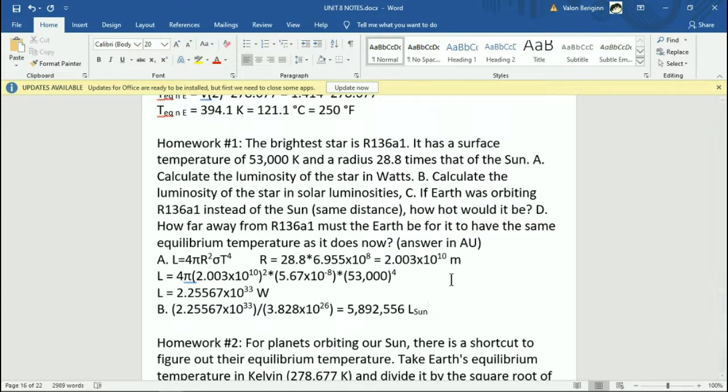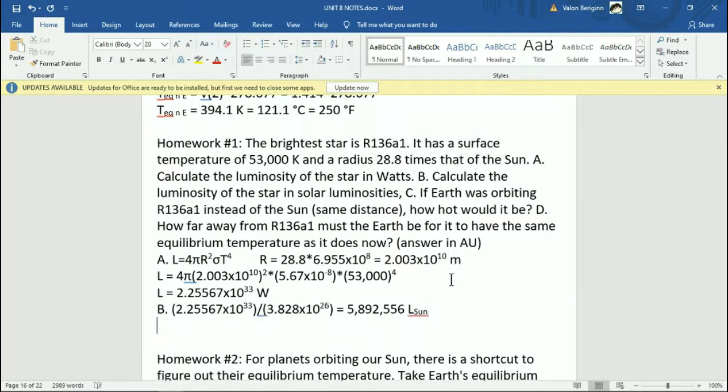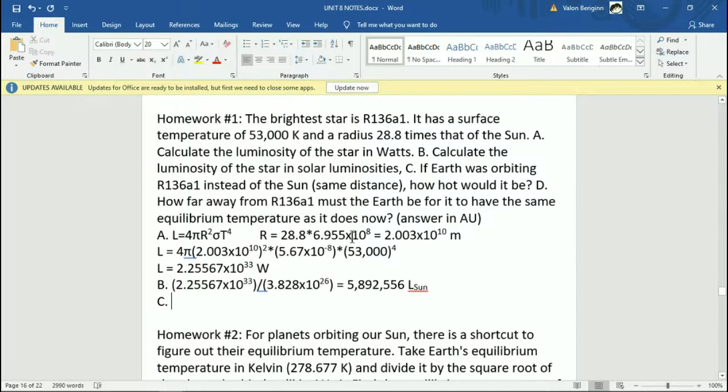Okay, C. If the Earth is orbiting this big star instead of the sun, at the same distance, how hot would it be? Okay, so we're going to be using the equilibrium temperature equation. This equation has T star times the radius of the star divided by 2 times the orbital radius, under a square root.